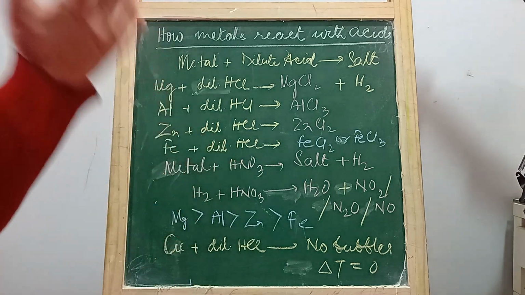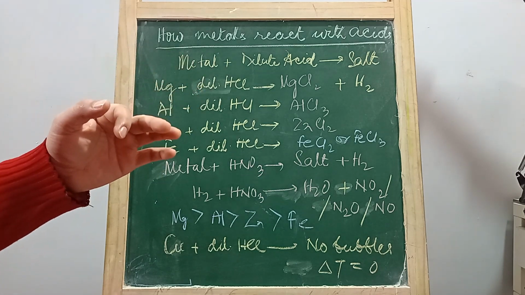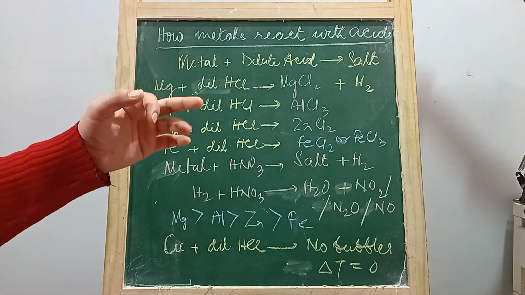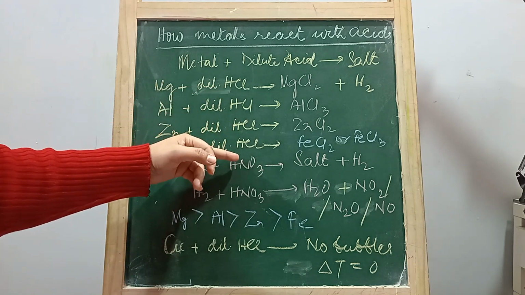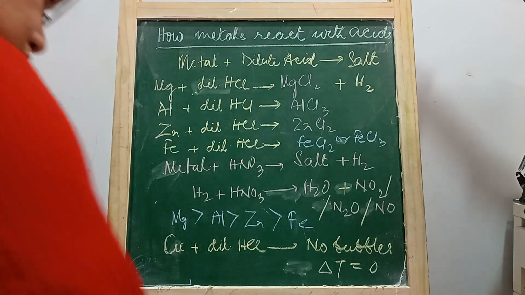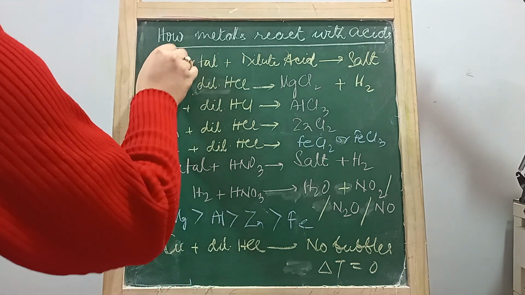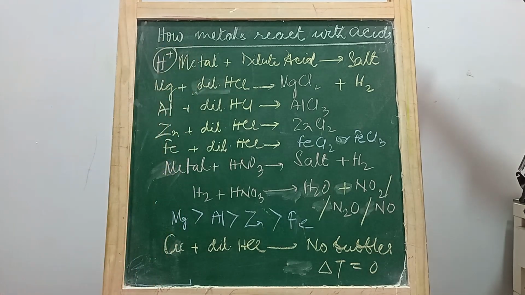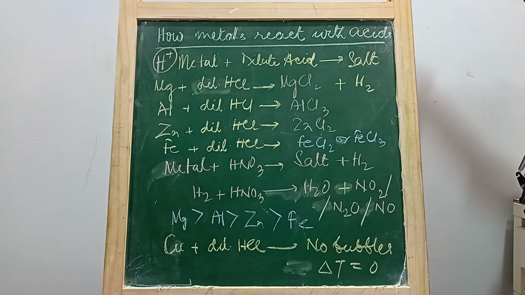But when you go to higher classes, it is also defined as a compound containing hydrogen which has the ability to release the hydrogen ion, also known as a proton. A substance which is able to give away its hydrogen ion is known as an acid.